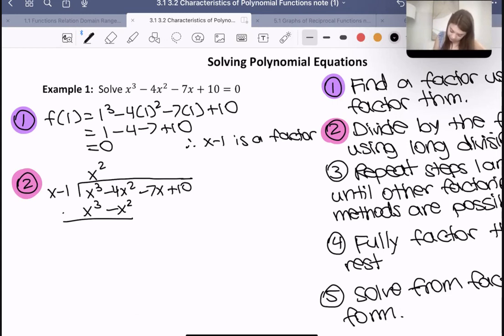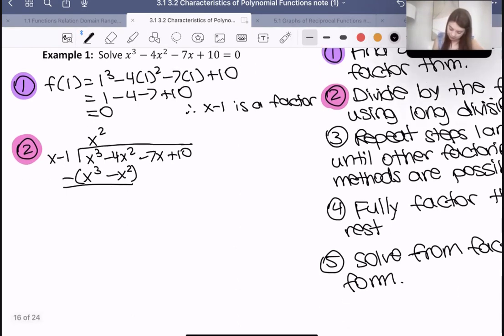And then we're going to subtract. So then we're going to get x cubed minus x cubed, which is 0. And we're going to get negative 4x squared minus negative x squared, which would be negative 3x squared. So there we go.